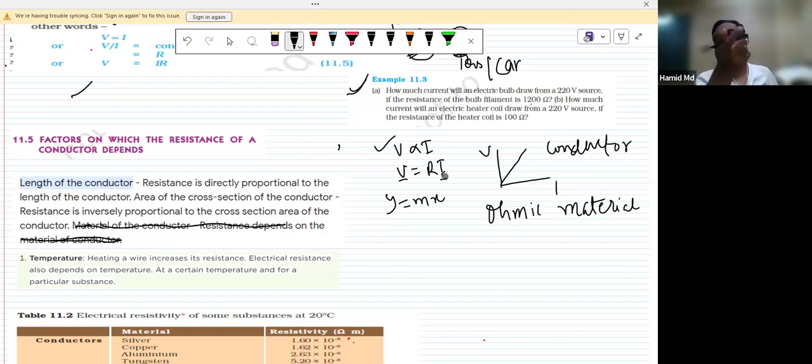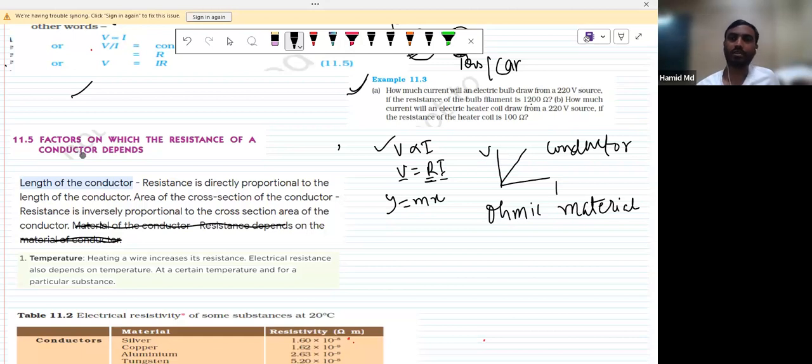It is a bit different from the size of the battery or the apparatus that is drawing the current. Our mobile charger draws less current, a fridge or refrigerator draws a large amount of current, right? That's somehow related with the given potential and the user supply. But we have to find what R is.